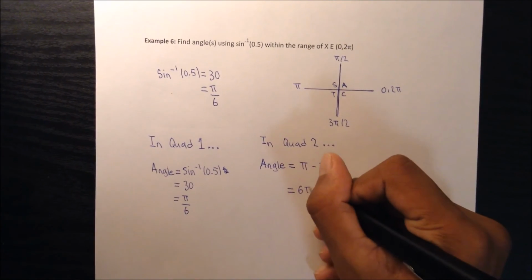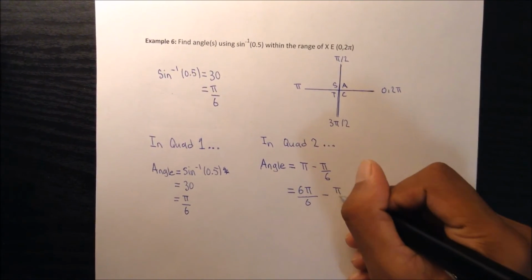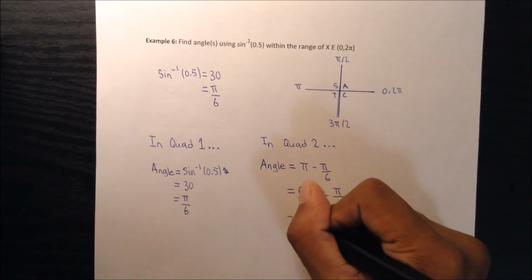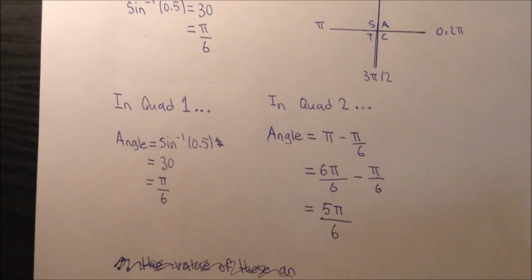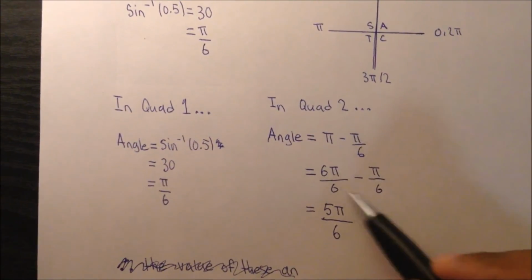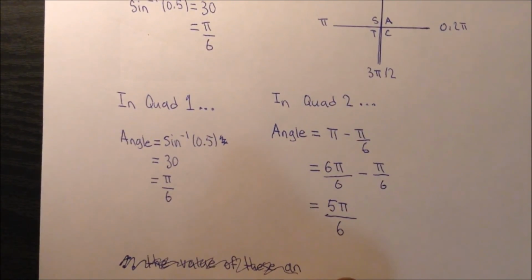So that would give us 6 pi over 6 minus pi over 6. And if there's no number in front of the pi, so the video stopped recording. I don't know why, but from where we left off, we simplified this and we got 5 pi over 6. And we're just beginning to start our therefore statement.